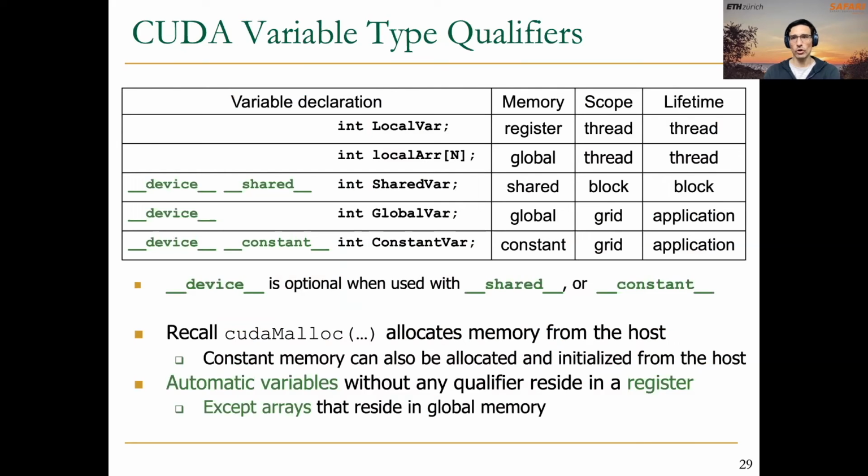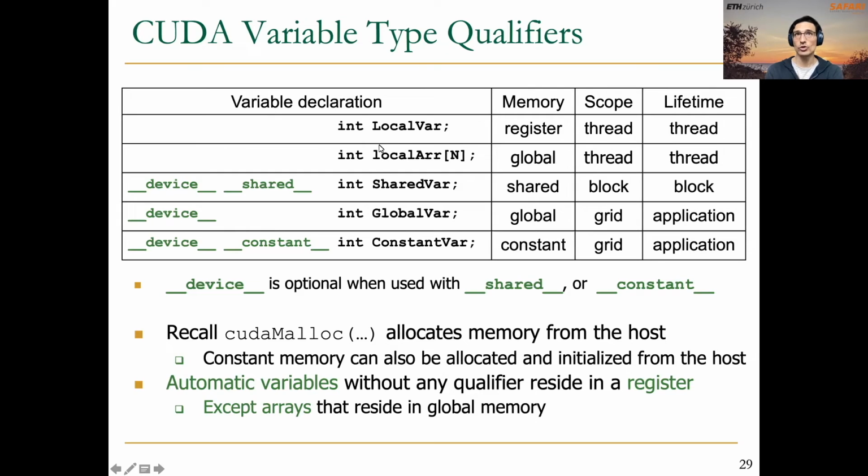Okay, let's keep discussing details about how to use these different memory spaces inside the GPU kernels. Whenever we declare local variables like these, they are going to be stored in registers. The NVCC compiler will identify these variables and will assign them to the physical registers that we have inside the GPU core. These variables are for use of a single thread, and their lifetime is the lifetime of the thread.